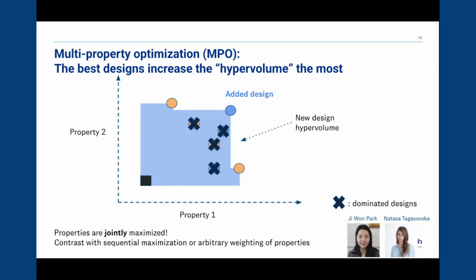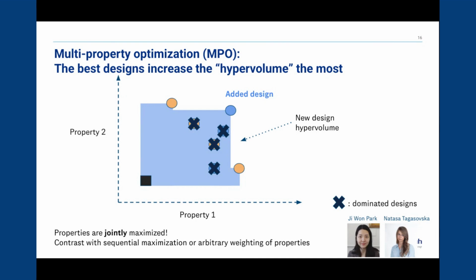These different properties, like affinity, expression, and developability properties, form a space in which, if we put our designs, they can form something called hypervolume. This hypervolume is occupied by the different designs that we get from our generative models, with the values of these properties coming from our pseudo oracles.